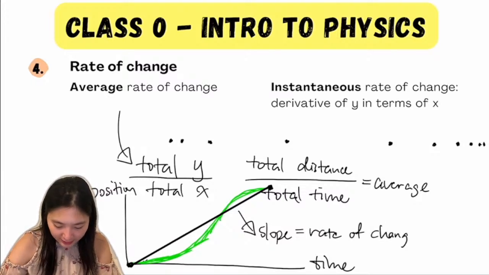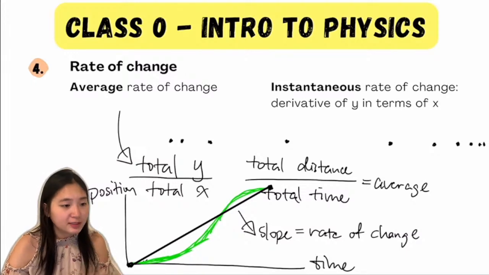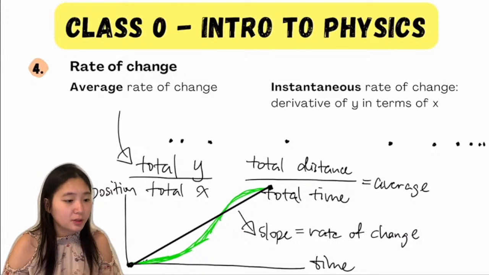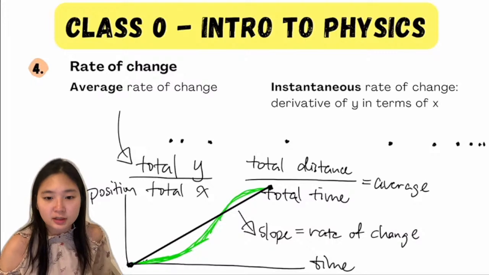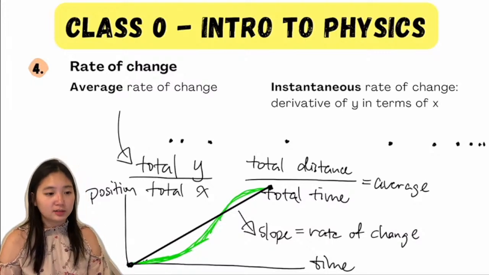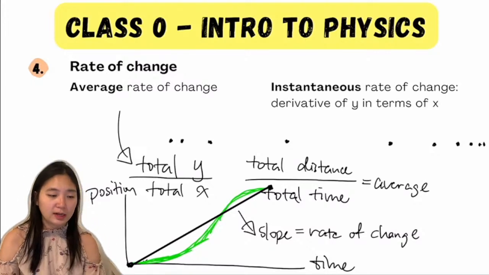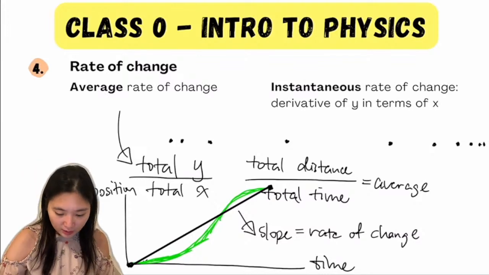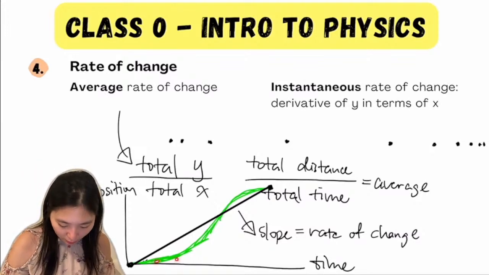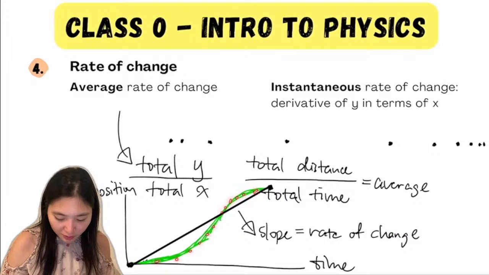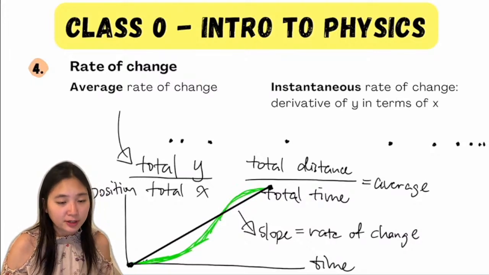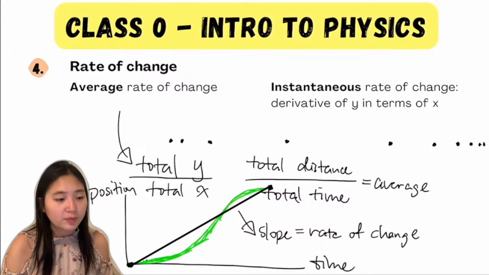But again, this is not an accurate representation of how fast this person is moving, because he's going slowly at the very beginning, then faster, and then slowly. So at every single point, we represent the instantaneous rate of change by the slope of the tangent line at that point.